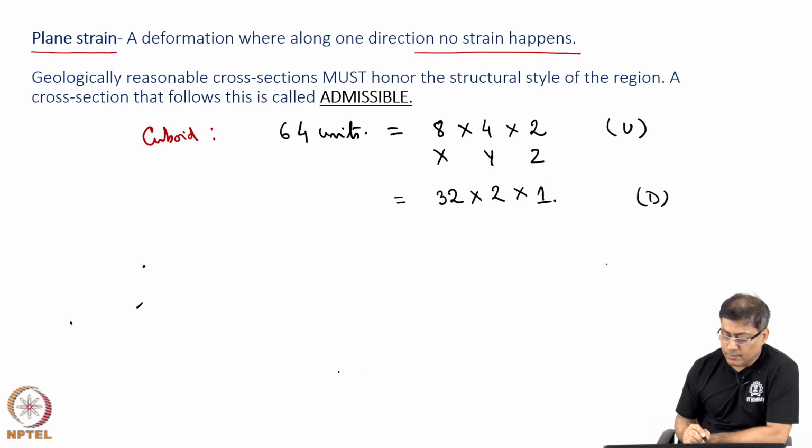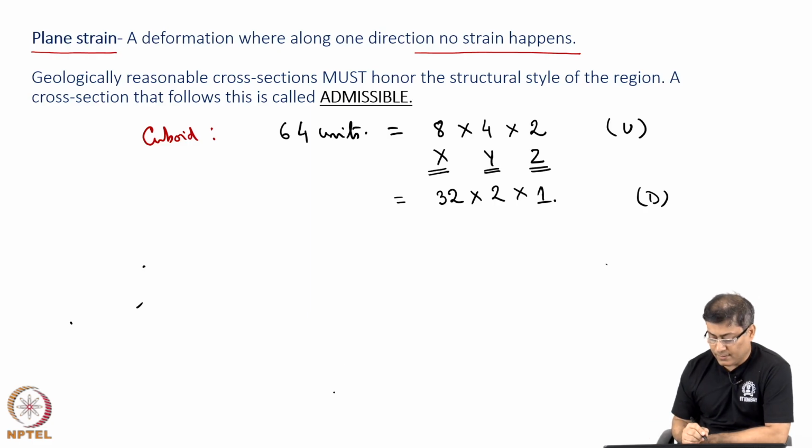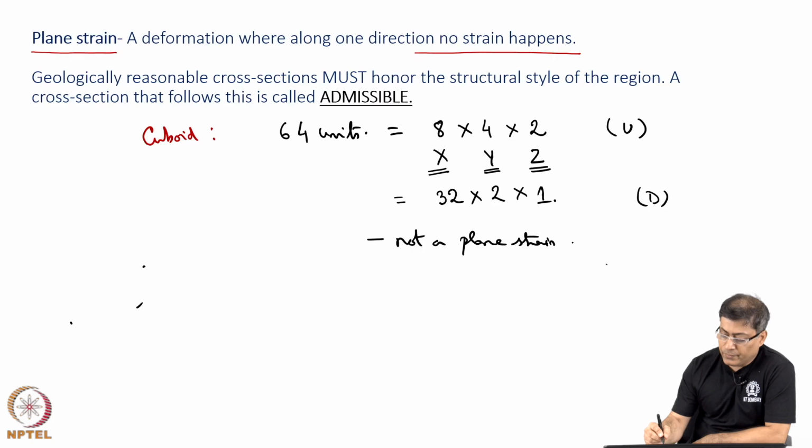In this case it is a constant volume deformation and along axes x, y and z strain has happened. There is no axis along which no strain took place. So, this can indicate a condition which is not a plane strain condition.